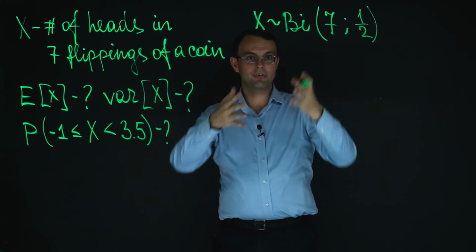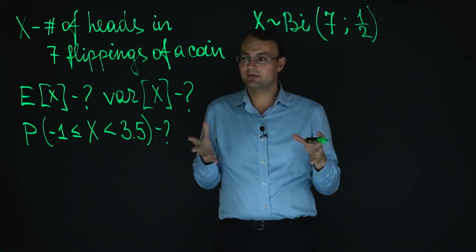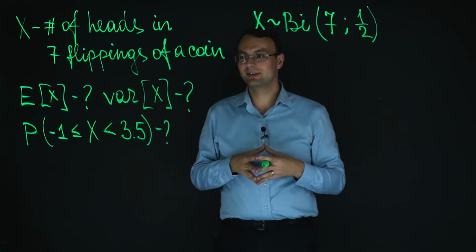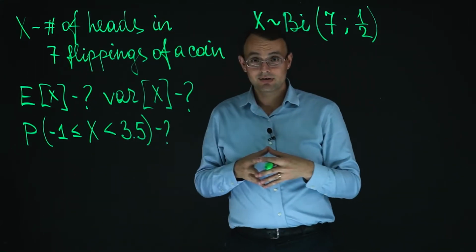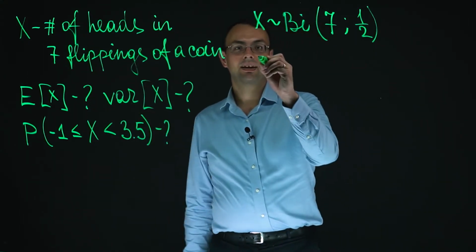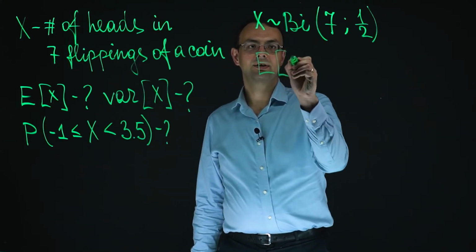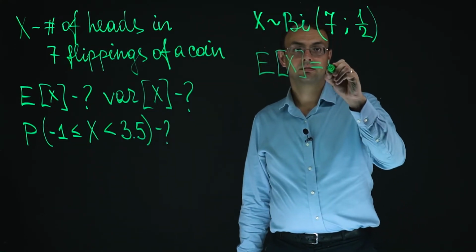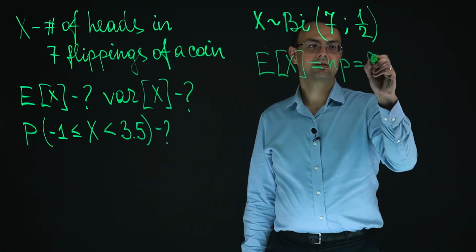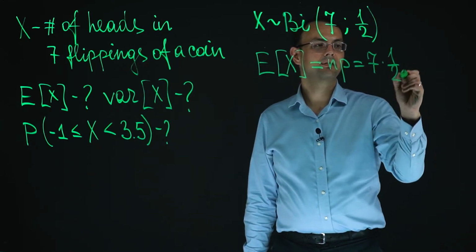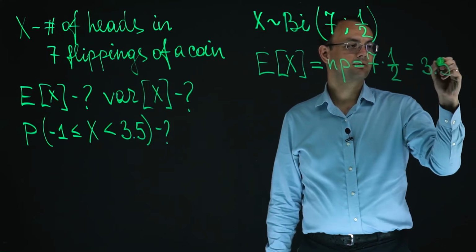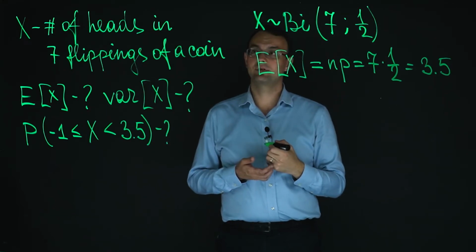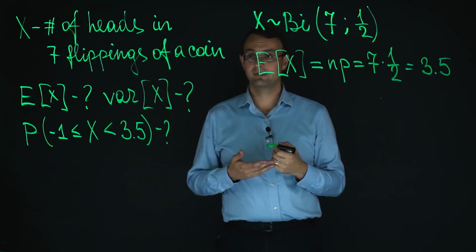And after you know this, everything else is just very simple because you use formulas that are ready, that are waiting for you to use them. So as for the expected value, you say that expected value is n times p, that is in your case 7 times 1/2, that is 3.5. So average value of heads when the coin is flipped 7 times.